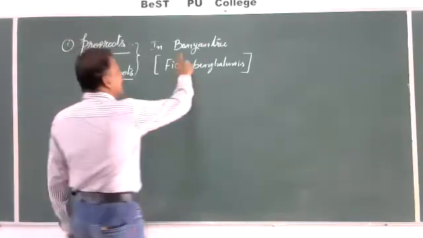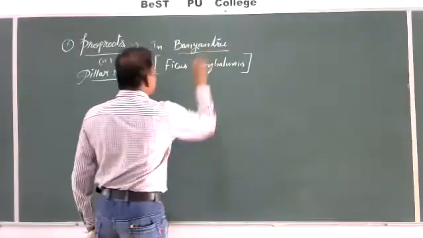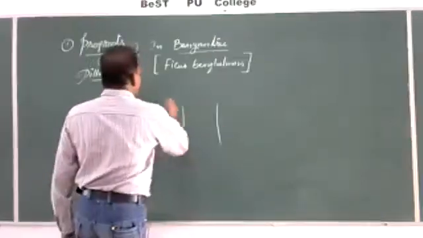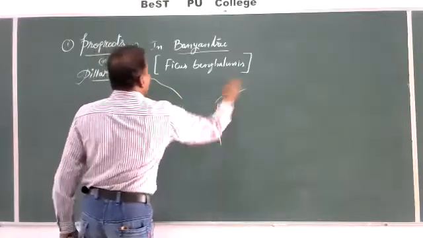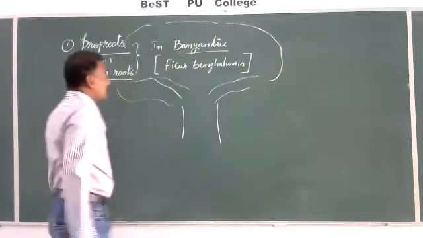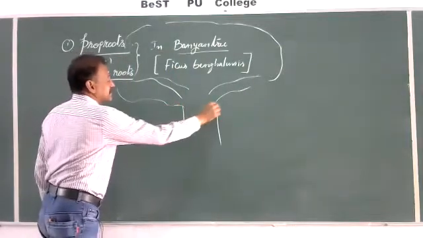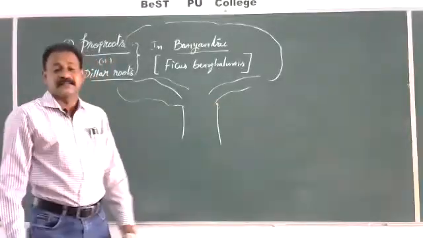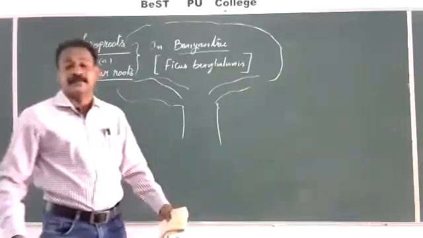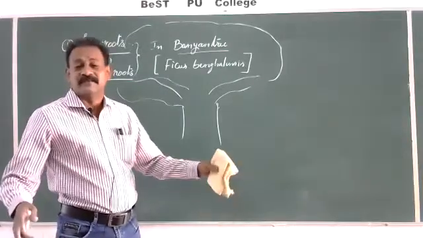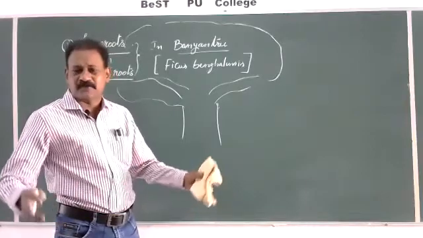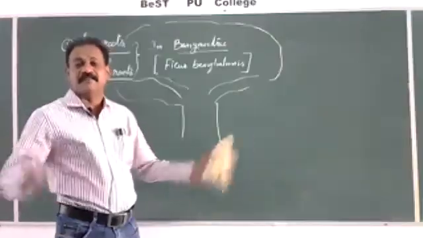Ficus bengalensis, banyan tree, as we have seen, has a trunk with large, heavy, stout branches. Heavy branches means a branch having more sub branches, leaves, and fruits, so it will be heavy.